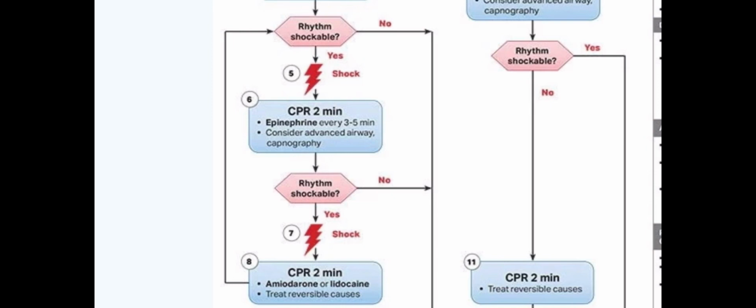Now at this cycle, you have to give epi every 3 to 5 minutes from here onwards, and consider an advanced airway with capnography. Again check the rhythm whether it is shockable or not. If it is a shockable rhythm, then do CPR for 2 minutes and then proceed with amiodarone or lidocaine. And now this is the point where you will start thinking about the reversible causes as well.